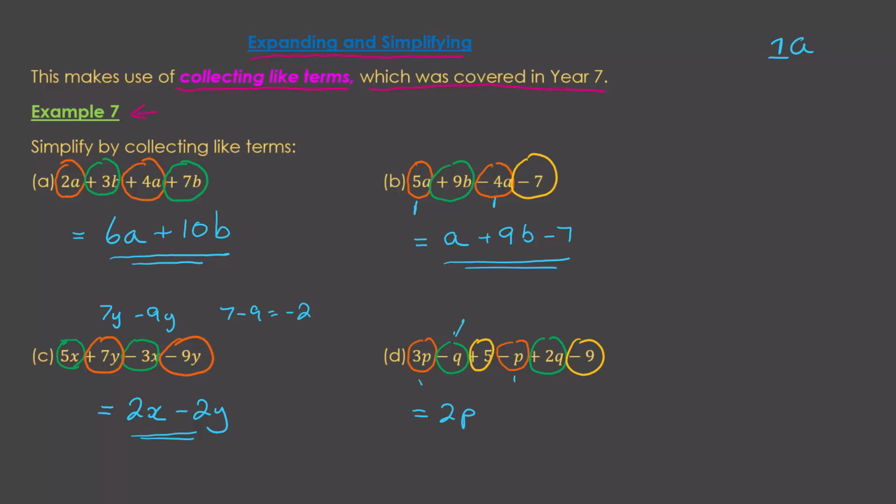I've got a negative q, add 2q, and I could think about that as the positive 2q take away the q. So that just gives me 1q. And then I've got a positive 5 take away 9. So if I do 5 take away 9, that is negative 4.